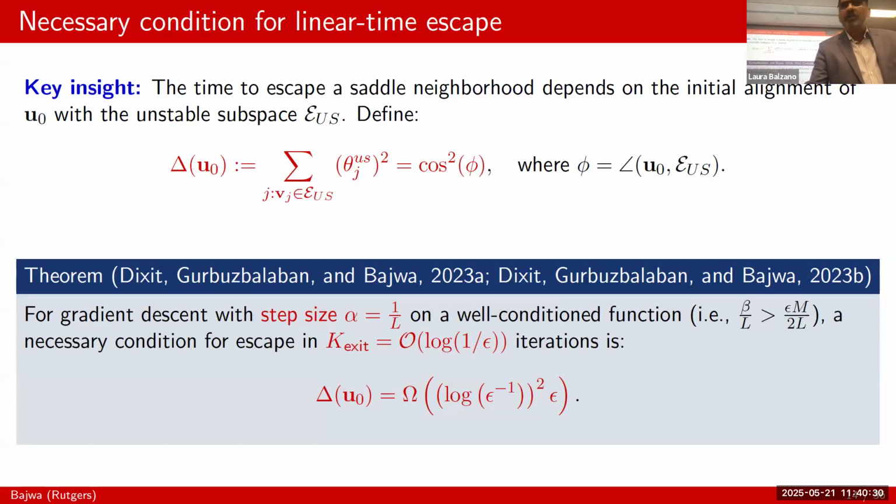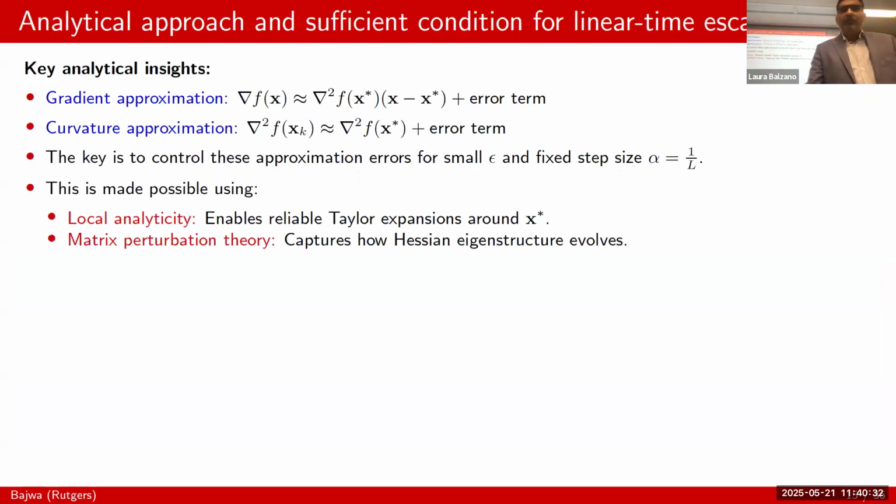Okay, so the way this works, and then I'll give you the sufficient condition, the key idea here is that we express the gradient in terms of the Hessian. So we do a first order approximation, but there is an error term, and the whole deal is getting control of it. We do a gradient approximation and a curvature approximation at our xk point in terms of the Hessian at the saddle.